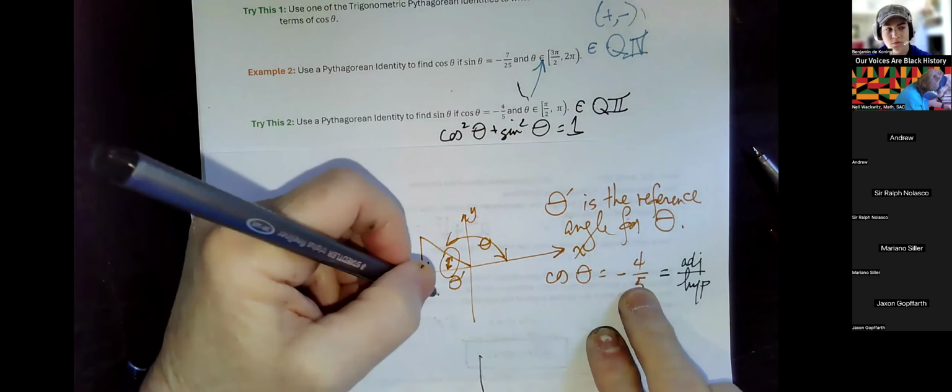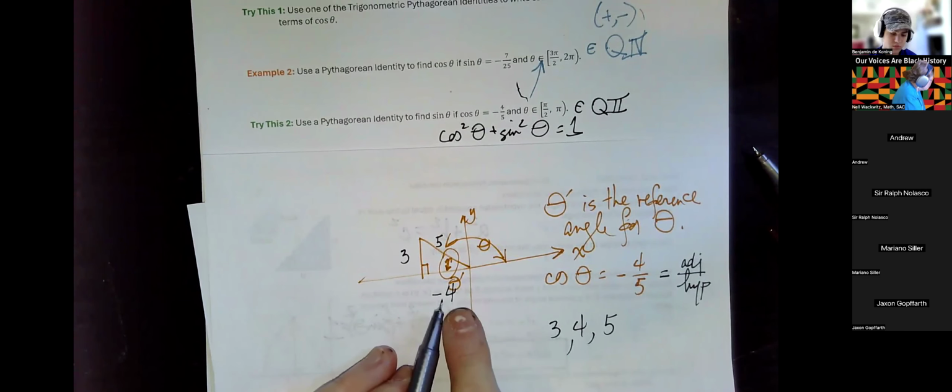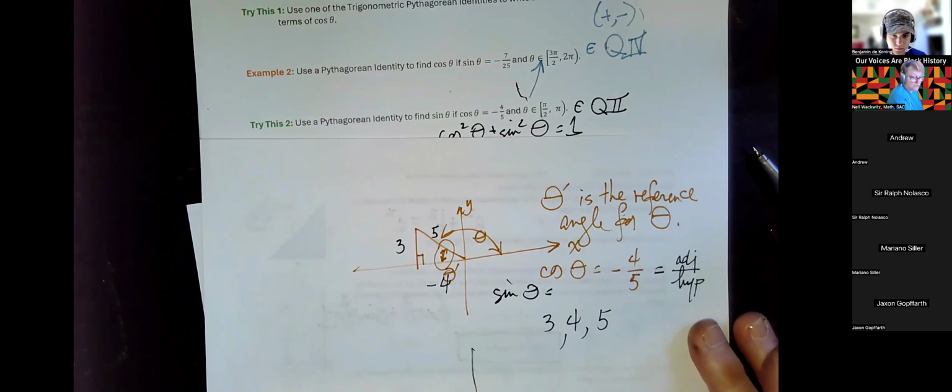Positive. Good. So this is so important to know. We're not thinking of this 4 as a -4. We're thinking of it as a 4 in the negative x direction. So I've got a 3, 4, 5 triangle. And now I know that the sine of theta is just what y'all said.